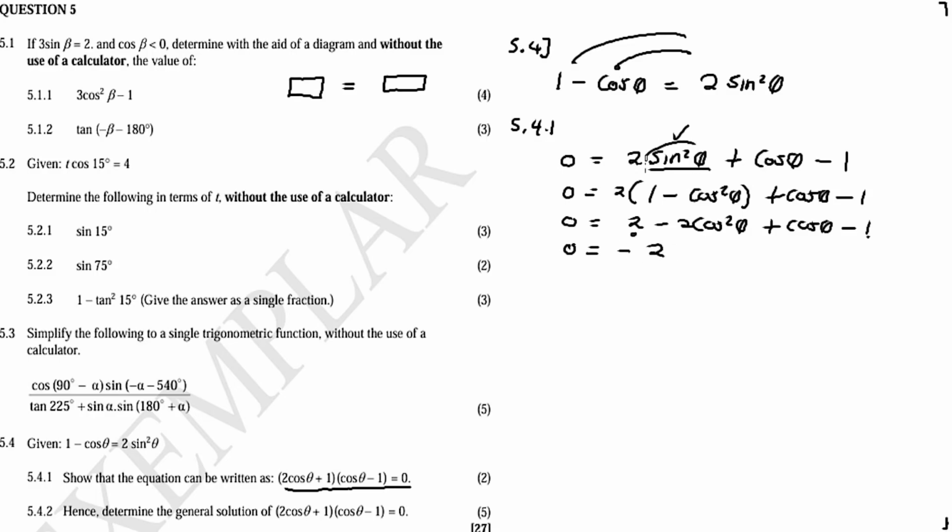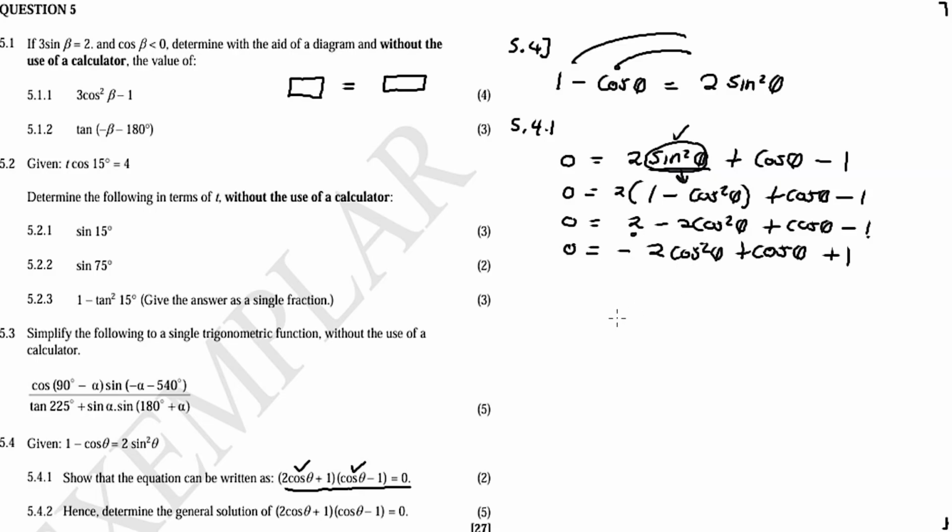Why did I change sine squared into this? I had to change it because the answer in 5.4.1 only has cos, so the only way to end up with cos is to change sine squared into its identity. So you have cos squared theta plus cos theta, and the 2 and the minus 1 give us 1.